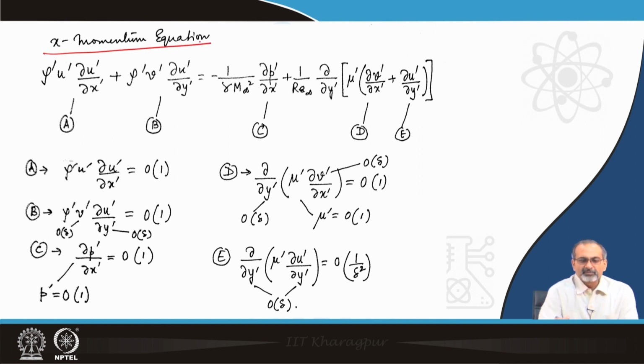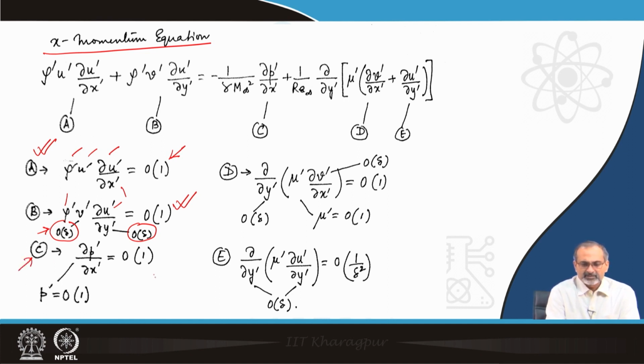Let us look at the x momentum equation term by term now. We have indicated some 5 terms a, b, c, d, e, and going one by one, the a term put together is order 1, because all the individual terms, whether in the numerator or in the denominator, are of order 1. Going to the term b, notice that this is order 1, while v dash is of order delta, u dash is order 1, but y dash is of order delta, and this and v dash cancel in the sense that they give finally an order 1.